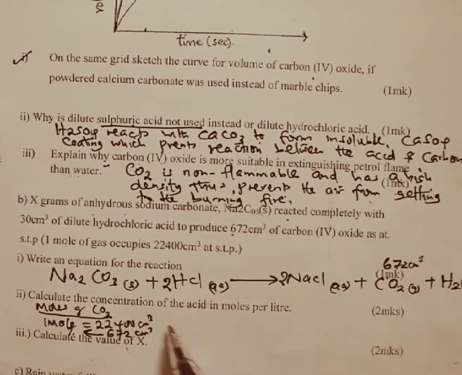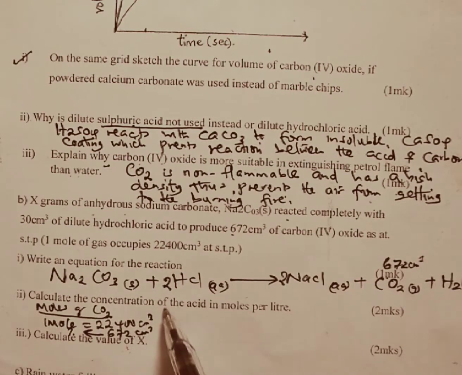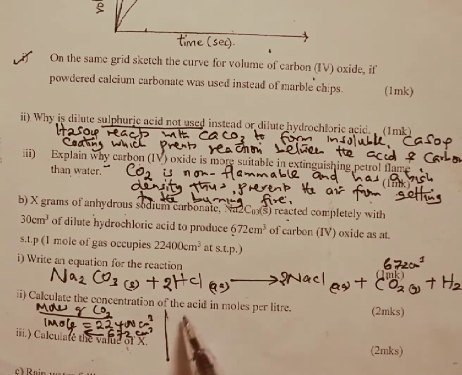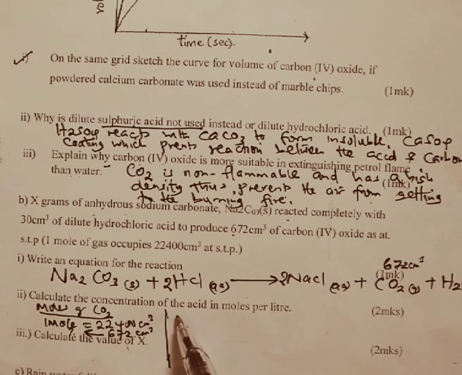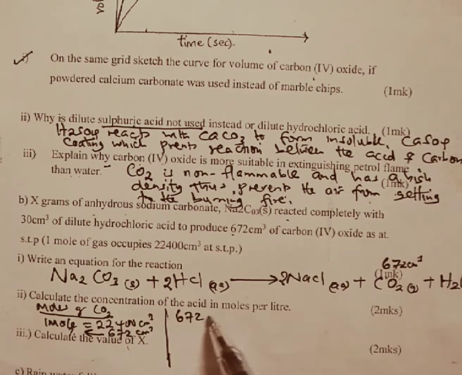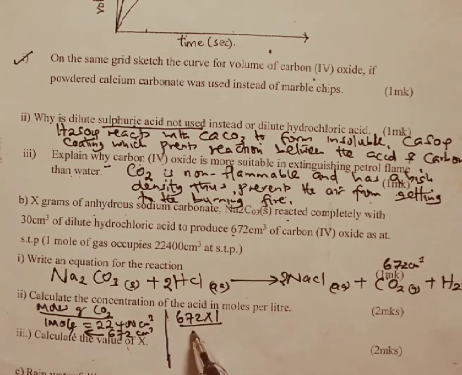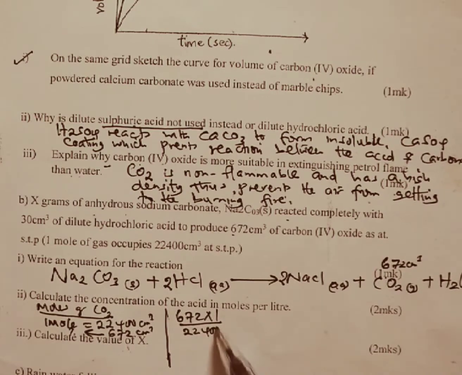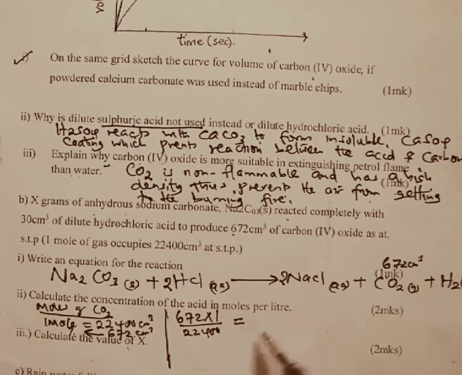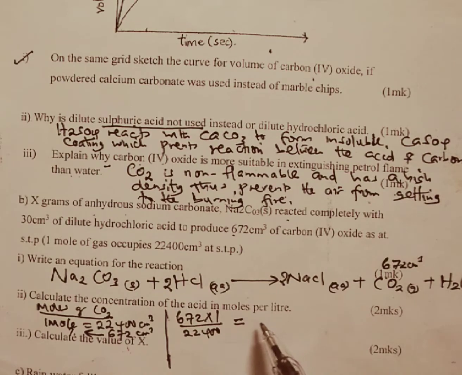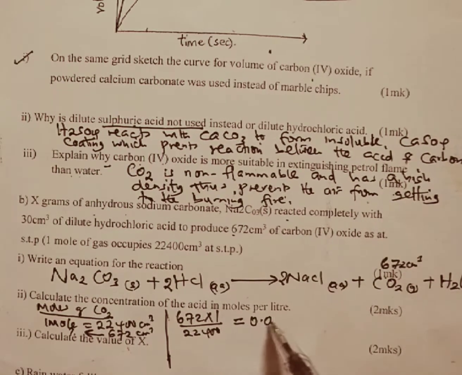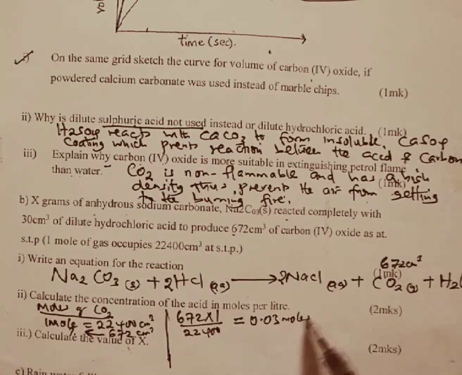In this case, if you cross multiply, we are going to have 672 times 1. You divide by 22,400, and this one is going to give us 0.03 moles.